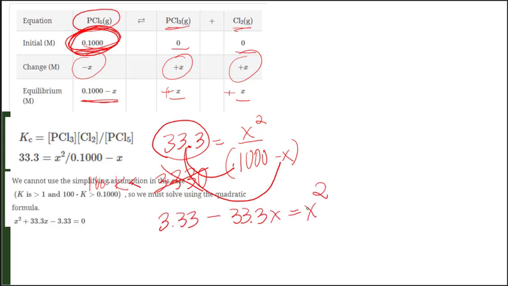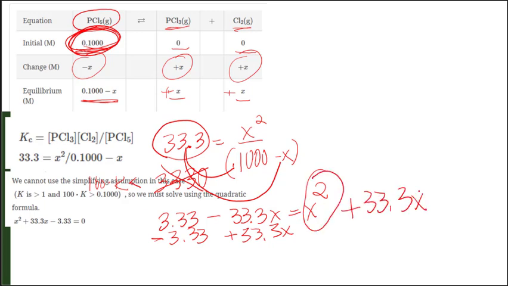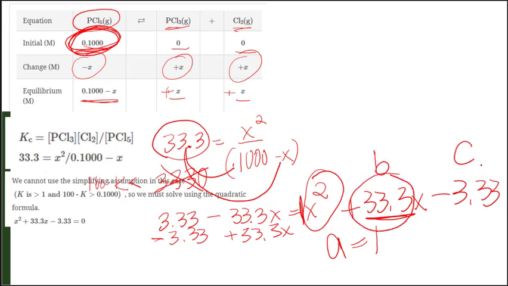And we want everything on one side to set it equal to 0. So I'm going to subtract 3.33 from both sides, and I'm going to add 33.3x to both sides, leaving me with x squared plus 33.3x minus 3.33. So my A value is 1, my B value is 33.3, and my C value is negative 3.33.